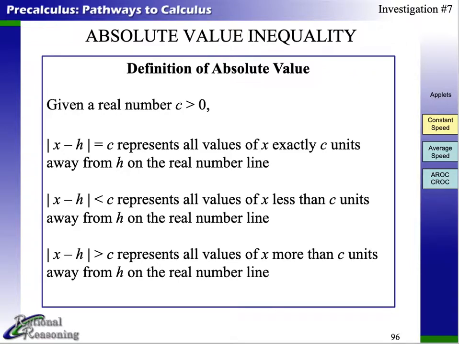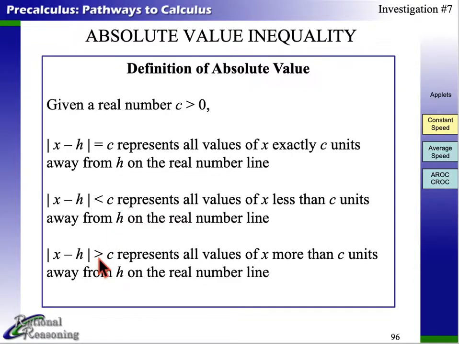So the definition of absolute value is it's a number that's always going to be positive, and it represents a distance. When you have an equals, you're exactly c units away from some point. If we do a less than, this represents being less than that distance, so this gives us a circle around the point h of distance c or less.